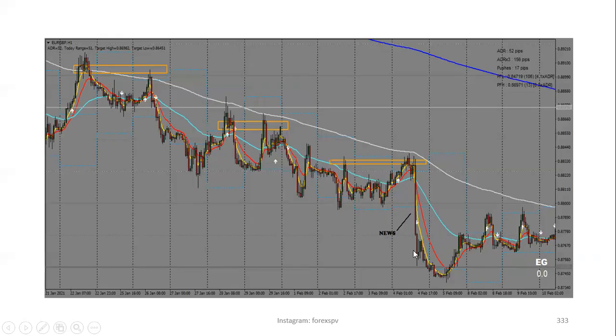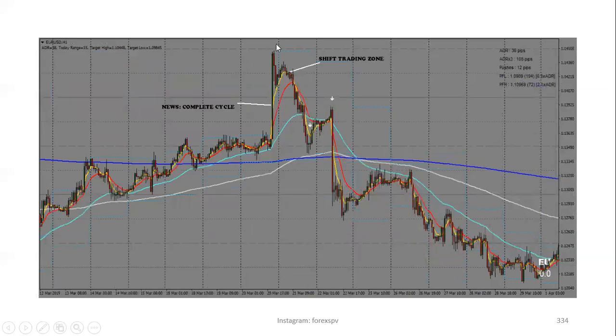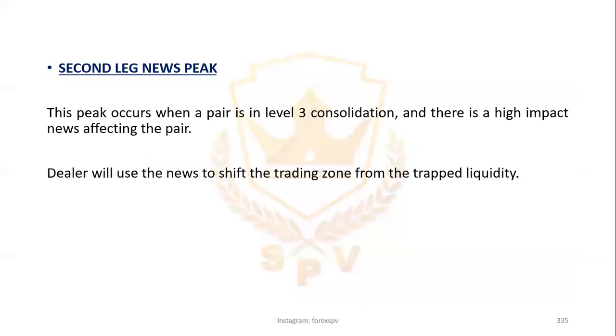It would appear like a V, or if it's a downtrend, it would appear like an A. The dealer used the news to complete the cycle. Right above these equal highs is the liquidity pool area. After grabbing the liquidity, the dealer would reverse the market. So that's the first leg news peak.